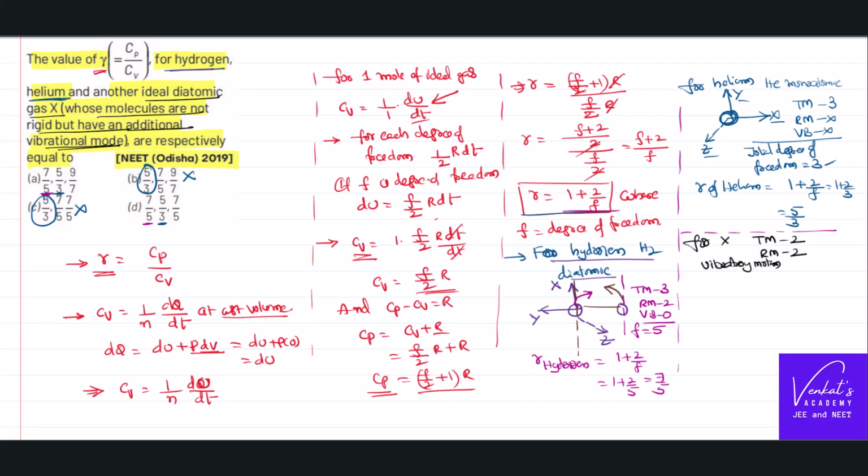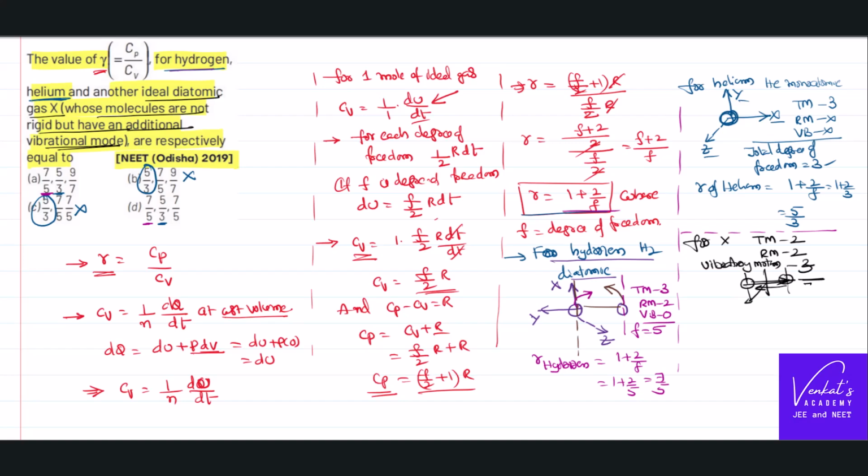They can vibrate about a point. Therefore, one atom can vibrate this way. The other atom also can vibrate this way. So it has 2 degrees of freedom. Of course, they can vibrate along the x-axis, y-axis, and z-axis. So they have 3 degrees of freedom actually.